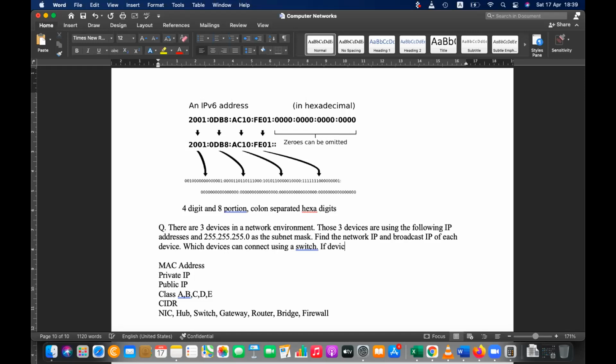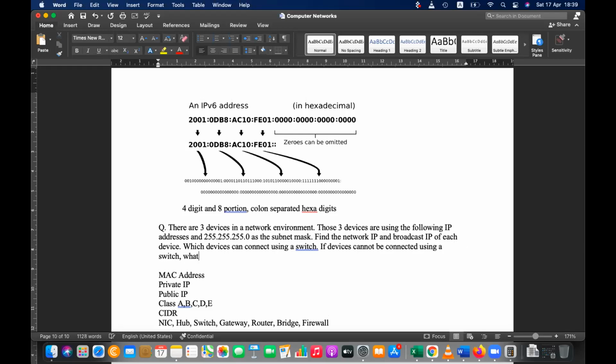If devices cannot be connected using a switch, what is the possible solution? So what are the possible solutions?